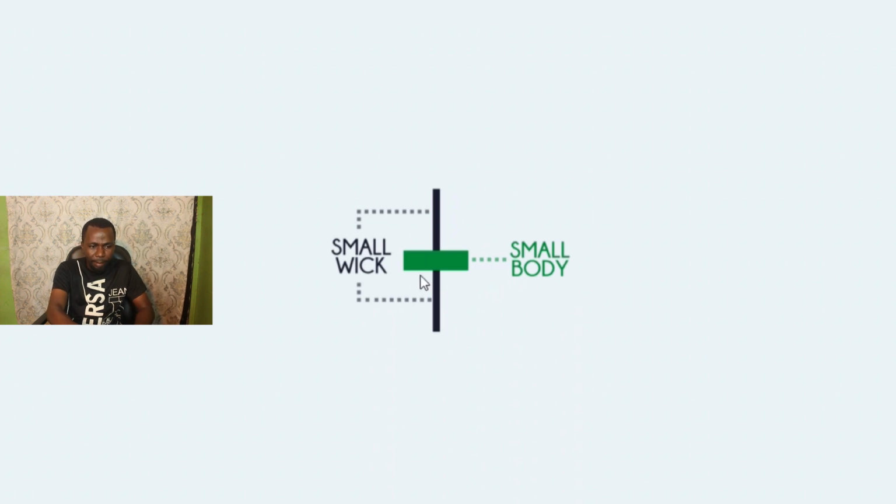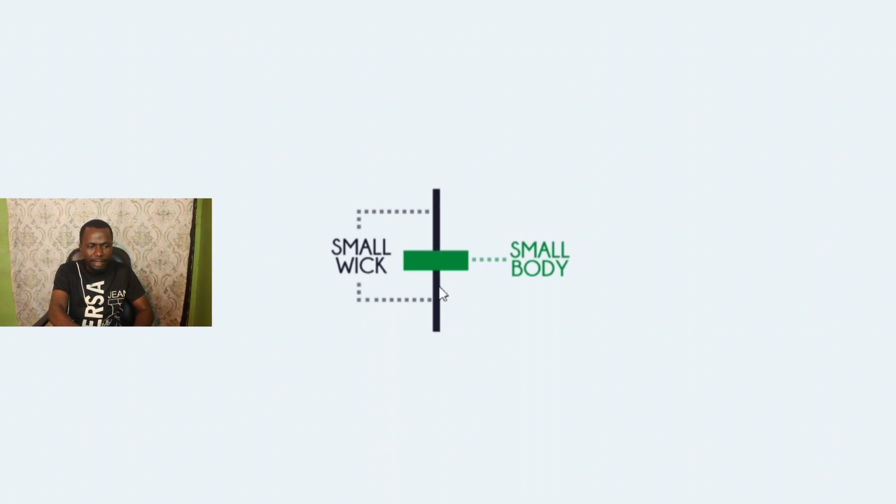Now the market opens here, goes all the way down here, which means the sellers, immediately the market opens, the sellers push the market down to this point. Then the buyers get into the market again and push the price up all the way to this level. Then the sellers come back again, push the market down, and the market closes here.